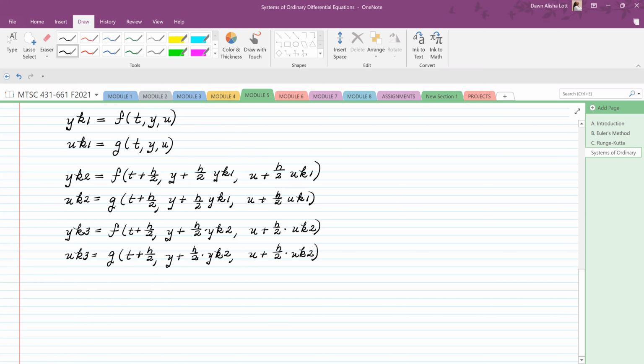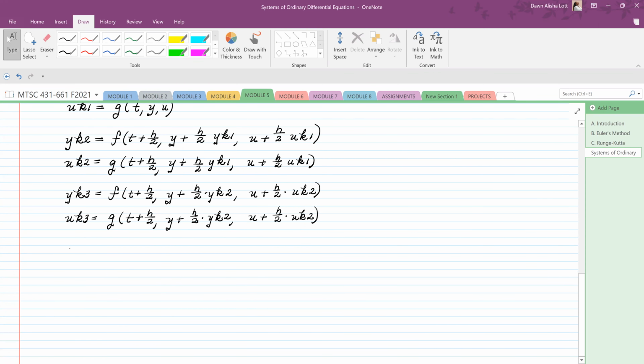Okay, and then our last slope will be yk4, and that's going to be f, and this one is t plus h, and then we're going to have y plus h times yk3, and then u plus h times uk3.